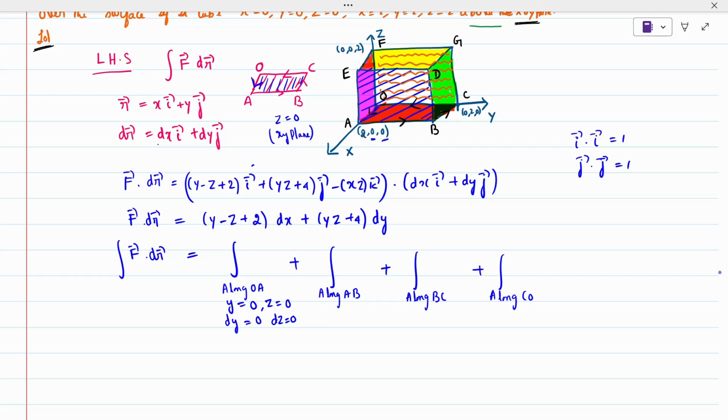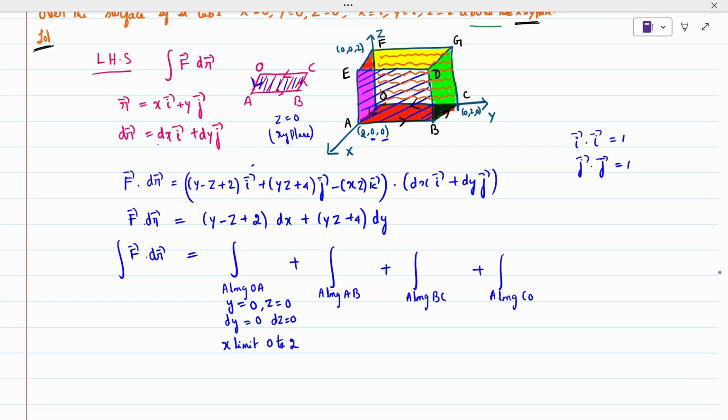Only x varies, up to x equals 2. So the x limit will be 0 to 2.